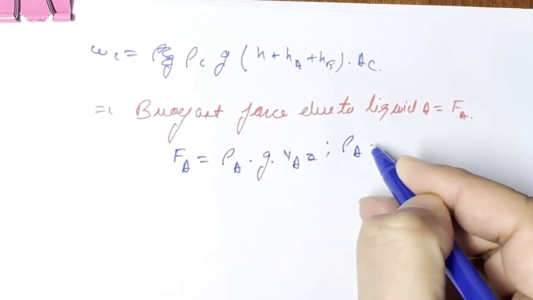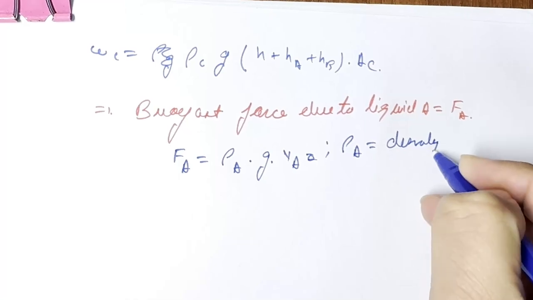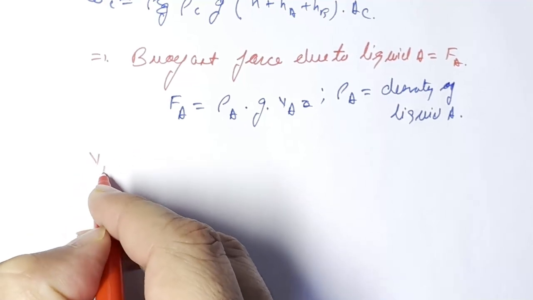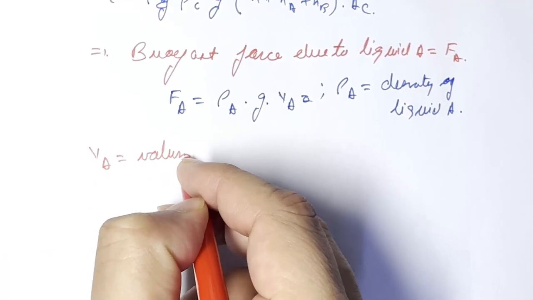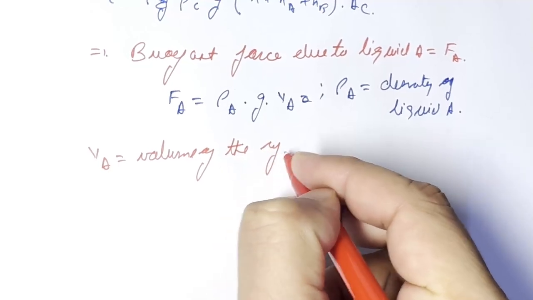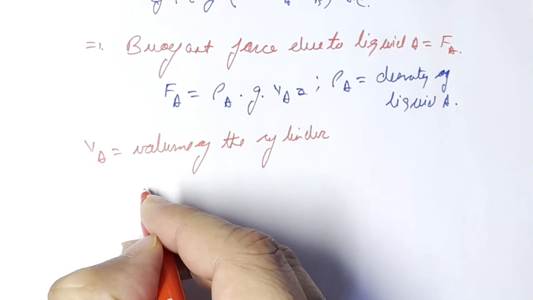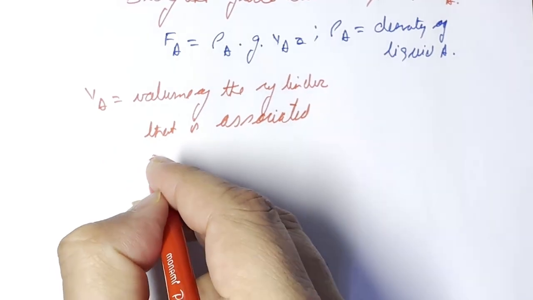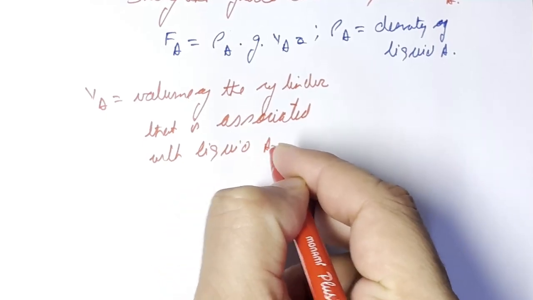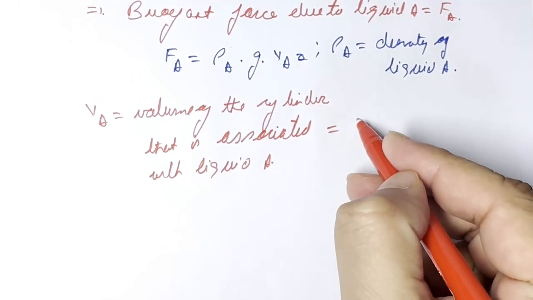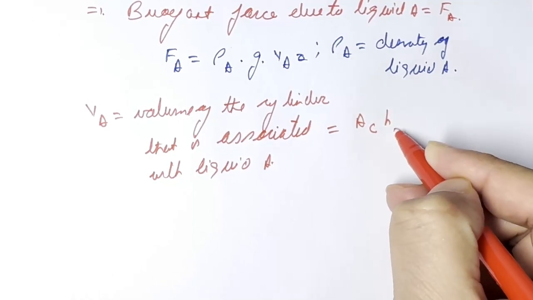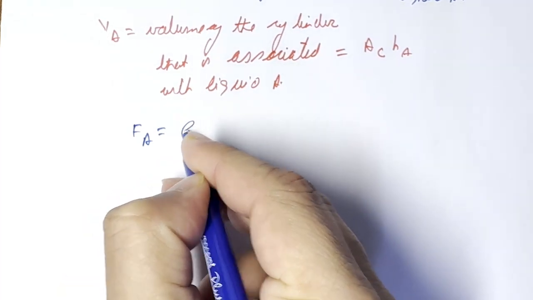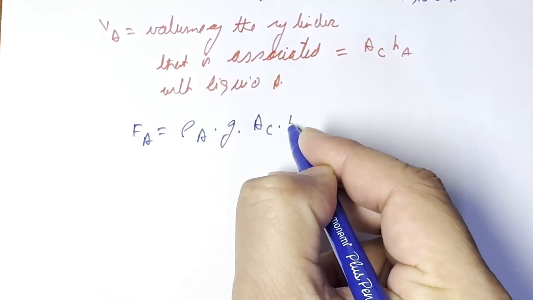So rho A is the density of liquid A, and VA is the volume of the cylinder that is associated with liquid A, and that will be equal to AC, area of cross section, and the height that is associated with liquid A. So we can write our buoyant force FA will be equal to rho A multiplied by G multiplied by AC and multiplied by HA.